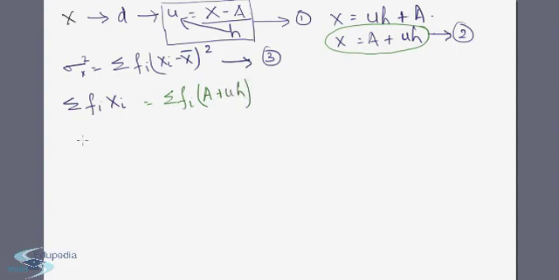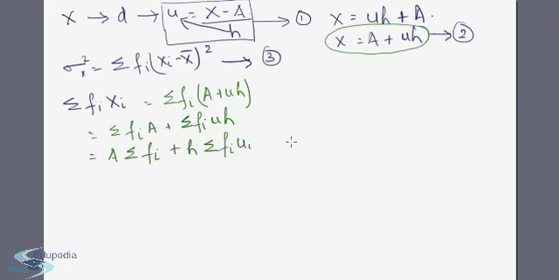Expanding it further, we will have summation fi into a plus summation fi into u into h. Now a, being a constant, can be taken out of the summation sign, so you'll have a times summation fi plus, here again h is a constant, so I can write h times summation fi into ui.